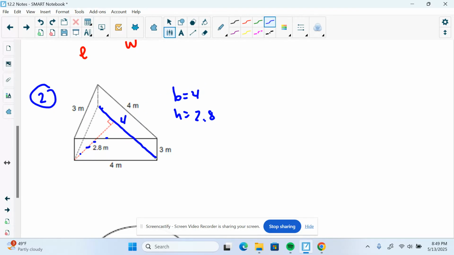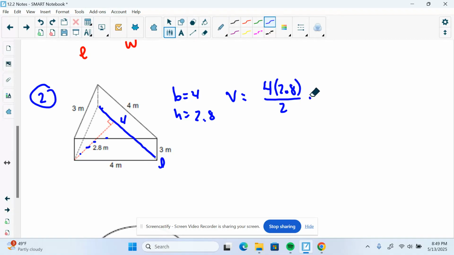Okay. And then the height of the triangular prism is 3. Or should I call it the length? Length. Okay. So for the volume, we're going to do B times H divided by 2.